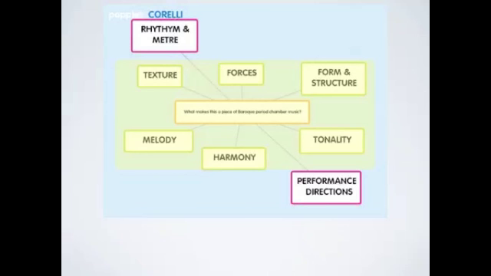Well, there's also rhythm and meter and performance directions, and both are very important as well. So after we do these big 6, as I call them, we now move on to the 7th one, which will be rhythm and meter, and then performance directions. Now, don't forget the big 6 come first. Then we do the rhythm and meter and performance directions last.